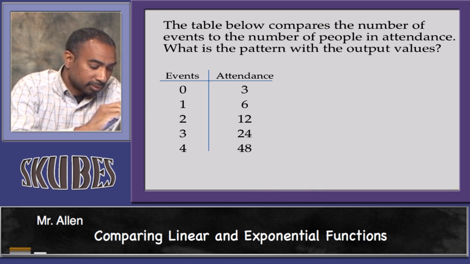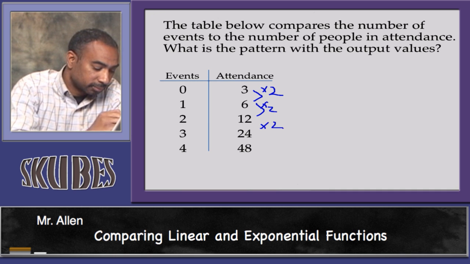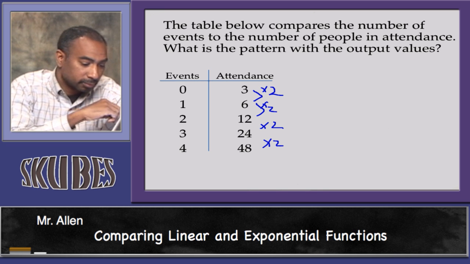So if you look at this, I notice there's a pattern of 2, because 2 times 3 is 6. Then 6 times 2 is 12. So it's a multiple of 2. So that's the pattern.